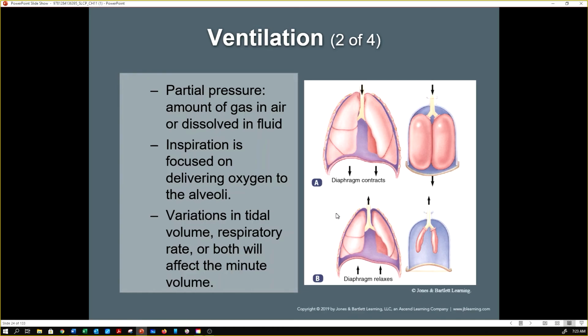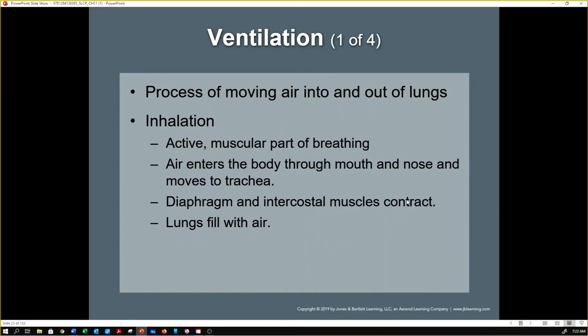Again, when we're talking about inhalation, we get that maximum inspiration that occurs when the diaphragm and those intercostal muscles are contracted and those lungs fill with air. All right. And so the lungs, they don't have truly any muscle tissue, right? They have the bronchioles, those are smooth muscle. They don't have any muscle of their own to do that. They totally are dependent upon the diaphragm.